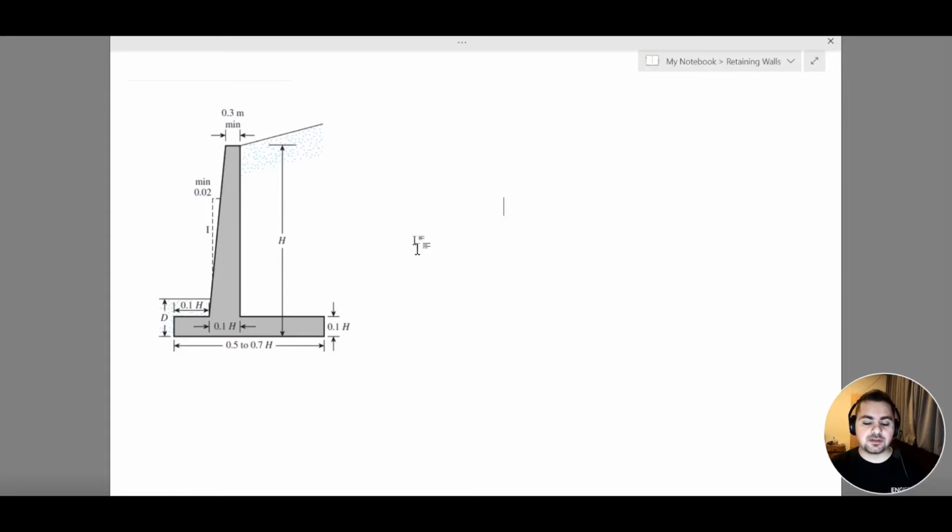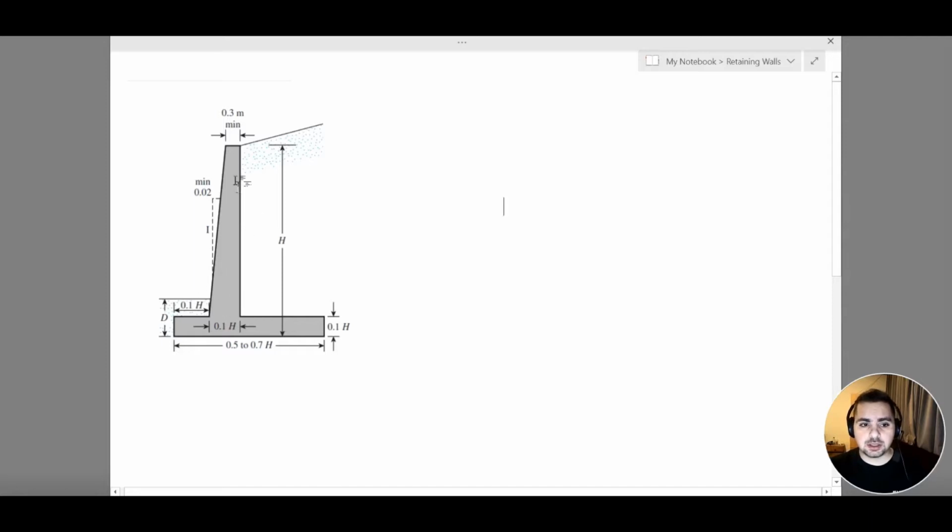Now, the first thing we need to talk about is, when do we know that we need to add a lateral support or add a restriction to our wall from the top? So let's take an example of a 7-meter wall, or a wall with a 7-meter height.